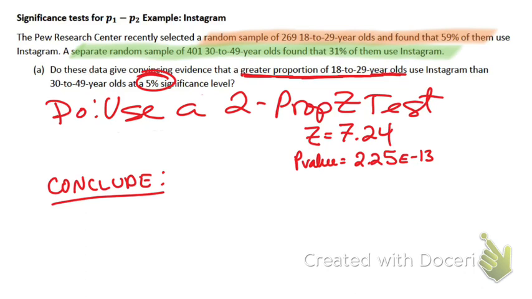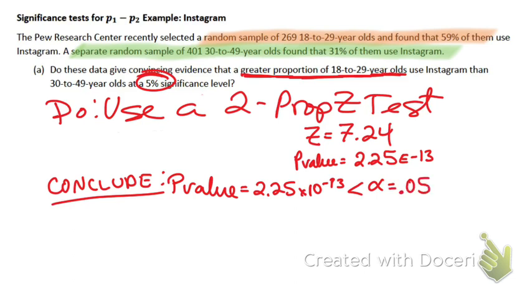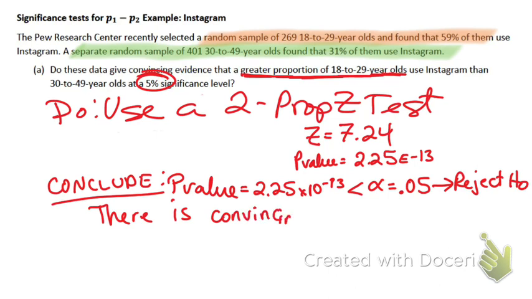All right, what's the first word of the conclusion statement for any hypothesis test we do? P-value. P-value equals 2.25 times 10 to the negative 13th. How does that relate to the alpha? It's just a little bit smaller, 0.05. And so what do we do when our p-value is low? We are rejecting this H0. Ladies and gentlemen, there is convincing evidence, like real convincing.